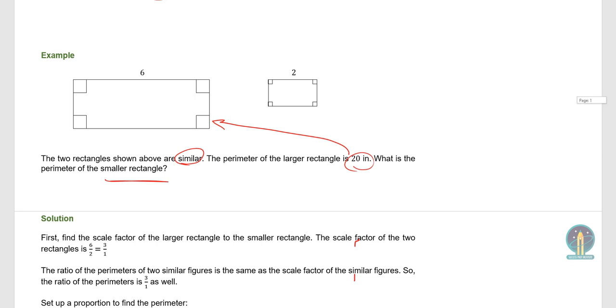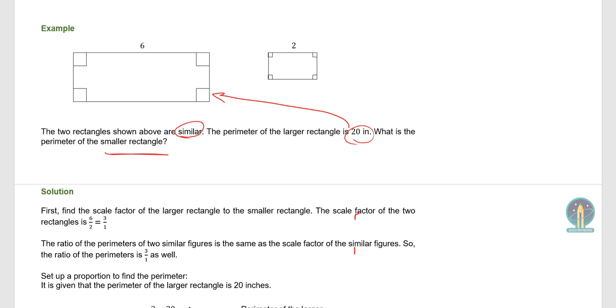To find the perimeter of the small rectangle, again, we need to get the scale factor, which can essentially be found by taking a ratio between any two similar sides, right? We have this side 6 and this side is 2. So 6 over 2 is 3 over 1, which is 3.